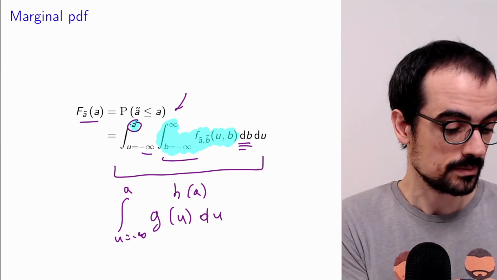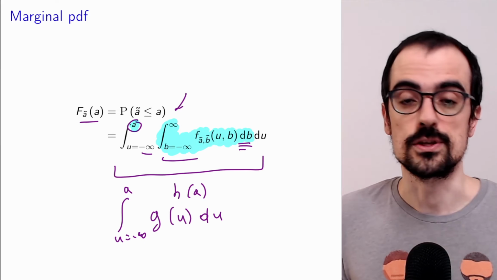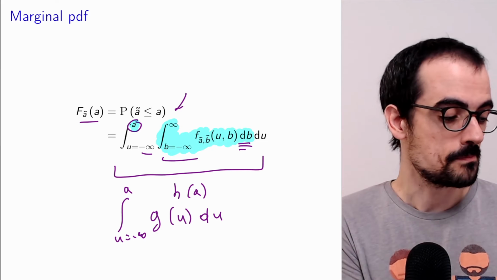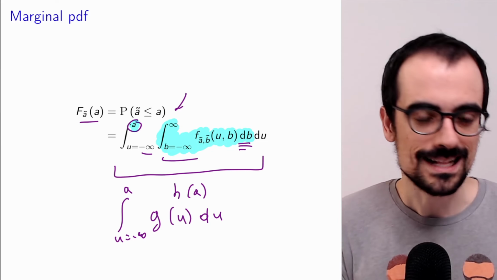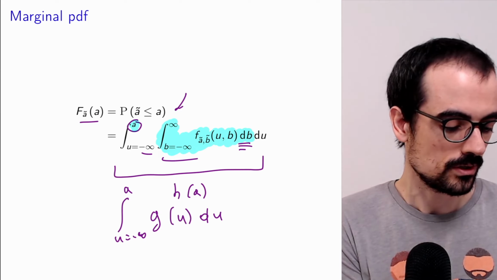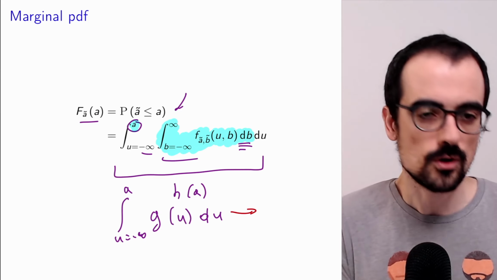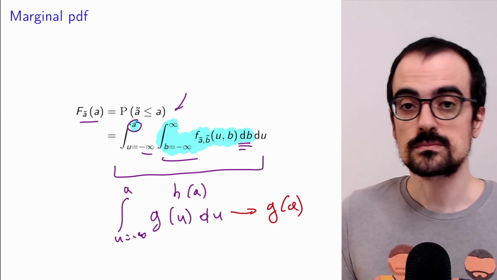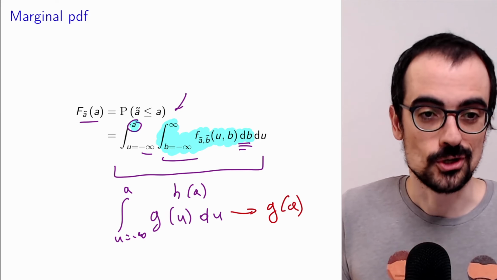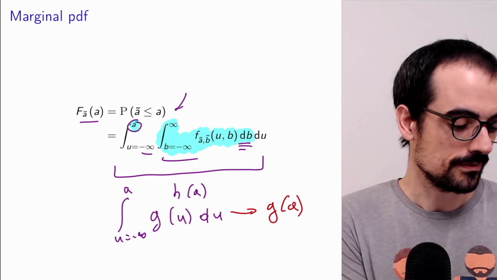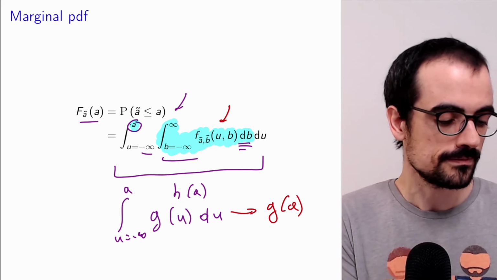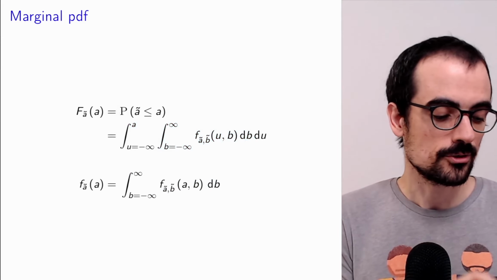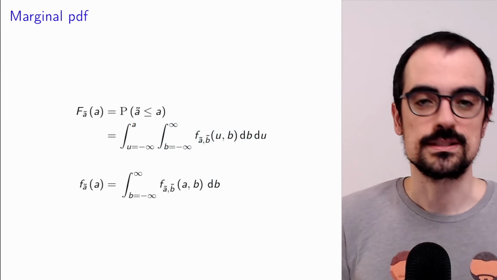It is a function of u, right? So if you remember, by basic calculus, the derivative of a function of this form is just g of a. So if g of u is all of this blue stuff, when we take the derivative, what are we going to obtain? The integral over b of the joint PDF.